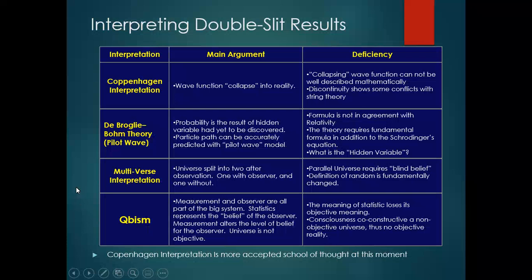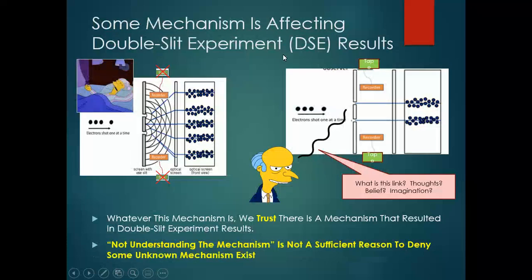I'm not going to go into detail. I'm just saying there was this famous experiment, and mere observation can affect the experimental results. So we trust there's a mechanism, even though we don't understand what it is.